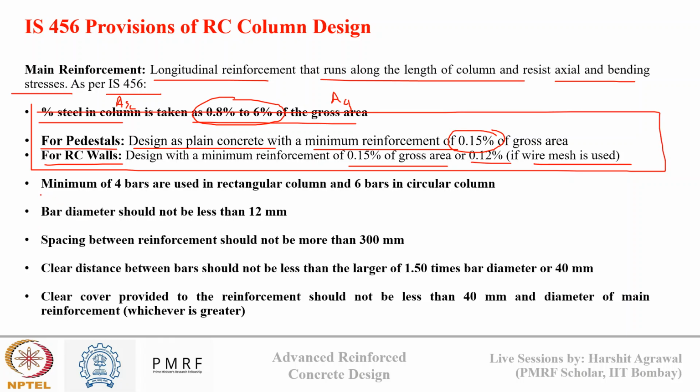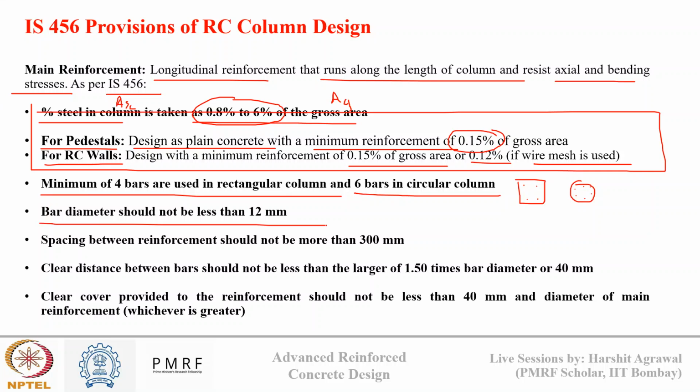Now code says that a minimum of 4 bars needs to be used for a rectangular column and 6 bars for a circular column. So if I have a rectangular column, at least 4 bars I need to provide, and if I have a circular column, at least 6 bars. The diameter of bar should not be less than 12 mm. That is one more limit.